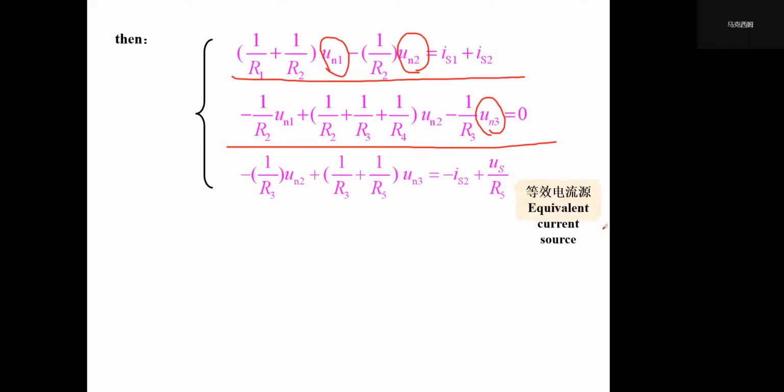And we can also see that in this case, US over R5 is an equivalent current source. So we do some equivalent transformation, right?